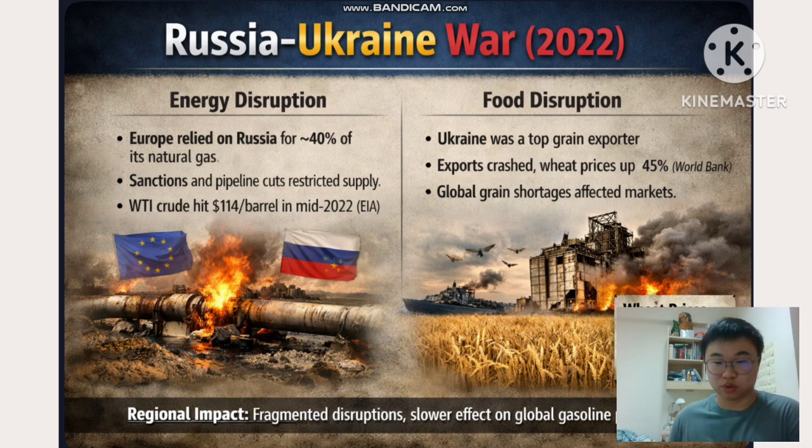And for the food disruption, Ukraine and Russia are both top exporters of grains in the world. The exports crashed, wheat prices went up 45%, and the global grain shortage affected markets.